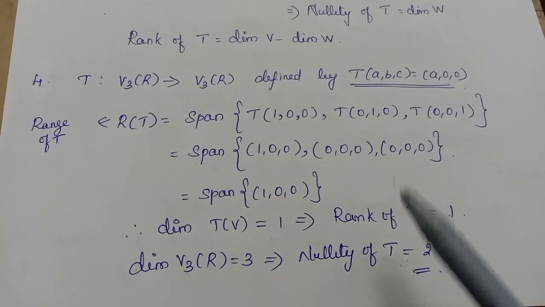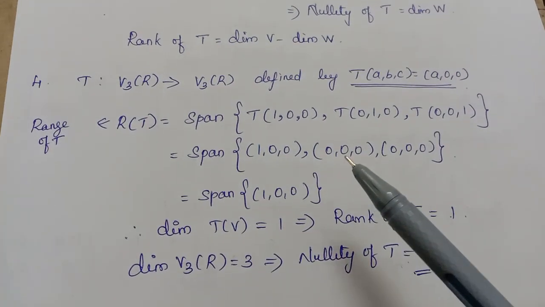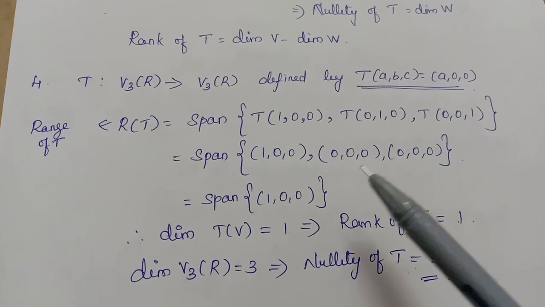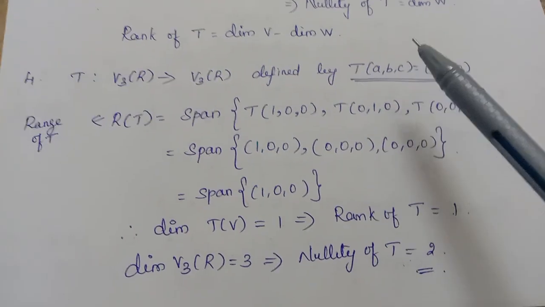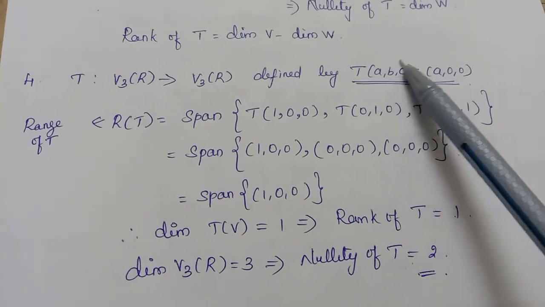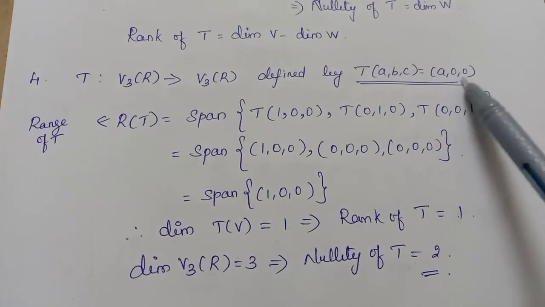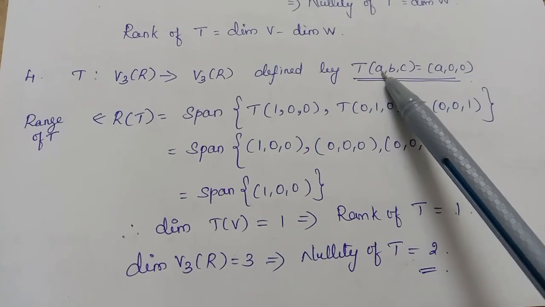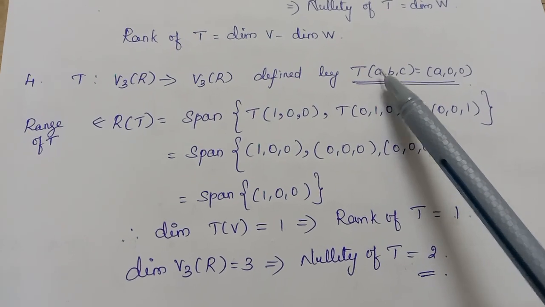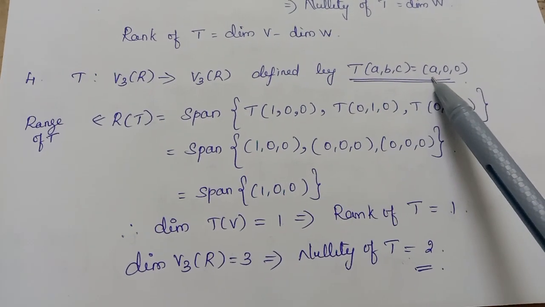Okay, you can also find the nullity first. How will you find the nullity? Nullity is equal to the dimension of the kernel. So what do you mean by kernel? The elements which are mapped to 0. Look at this definition. Already the second and third coordinates are mapped to 0. Only the first coordinate you have to look at. For what value of the first coordinate will this be mapped to 0?